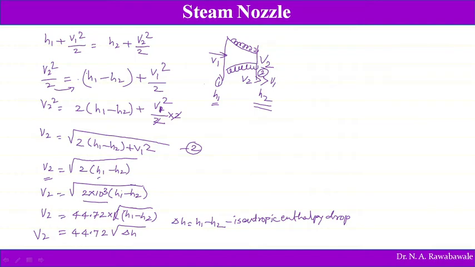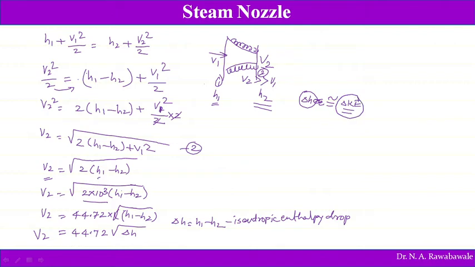Enthalpy is reduced. This reduction in enthalpy of steam must be equal to the increase in kinetic energy. So the change in enthalpy must be proportional, or sometimes approximately equal, to the change in kinetic energy, that is nothing but the increase in velocity.